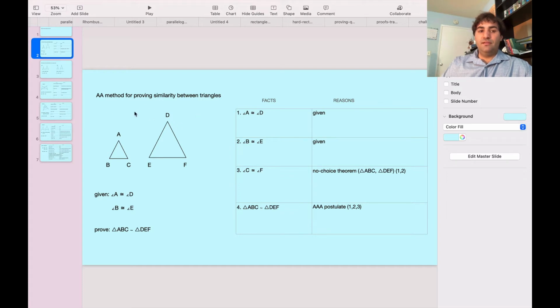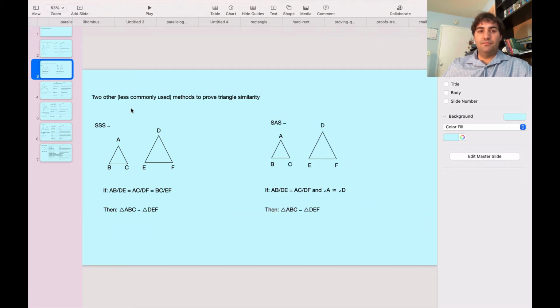We're going to be using the AA method the most for proving similarity between triangles. So there are two other less commonly used methods to prove triangle similarity. There's the SSS similarity method, so don't confuse this with the SSS method for congruence.